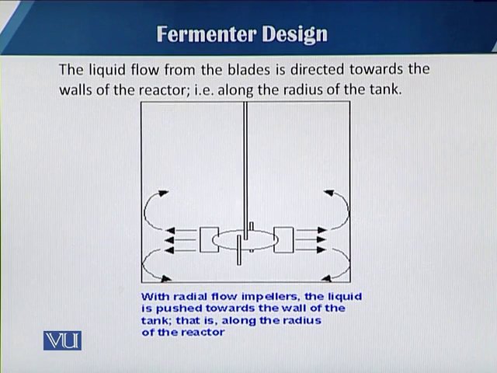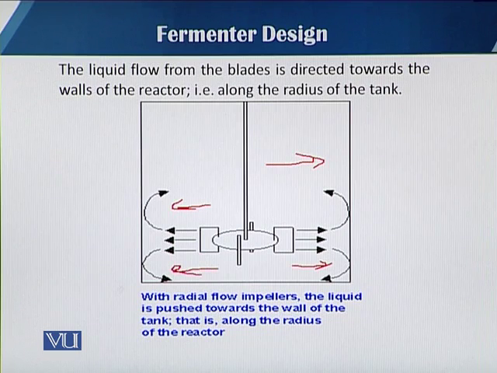In this slide you can see, with a radial flow impeller, the direction of the medium while the impellers are agitating. As I have already told you, the media is pushed toward the periphery, parallel to the radius of the fermenter.